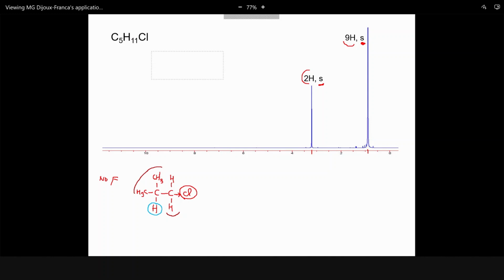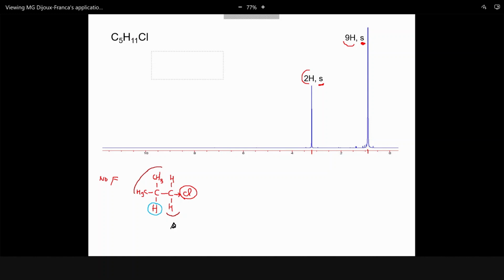I think there will be only one straight line. You mean a singlet? Yeah, the singlet. What do you think?